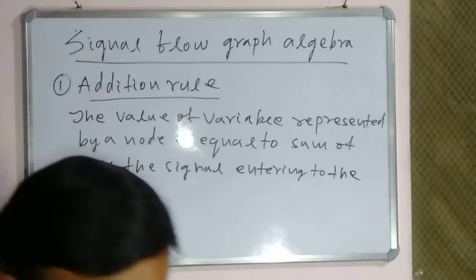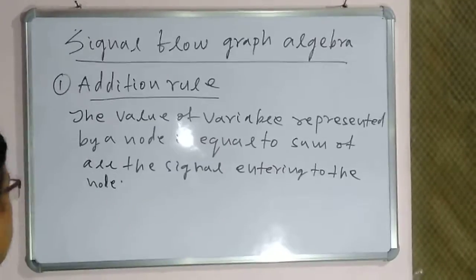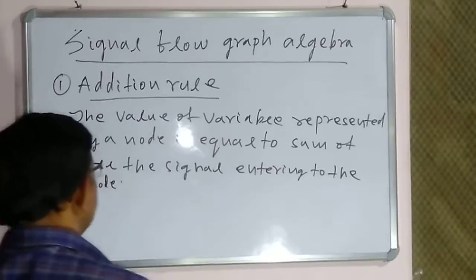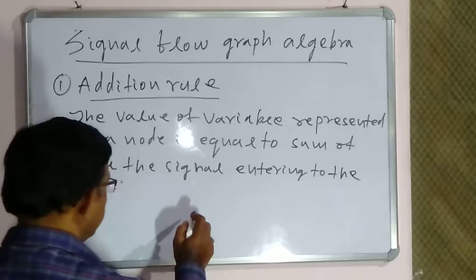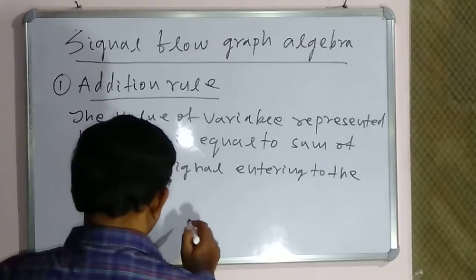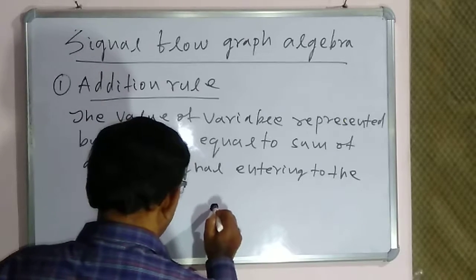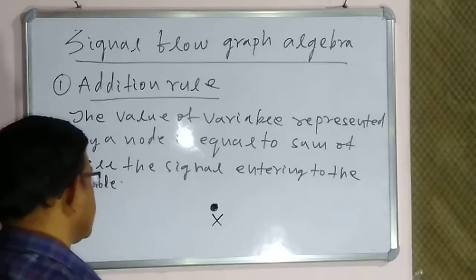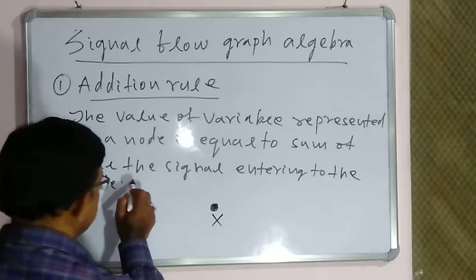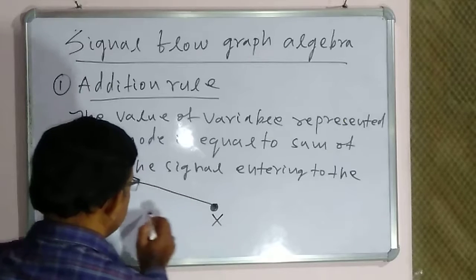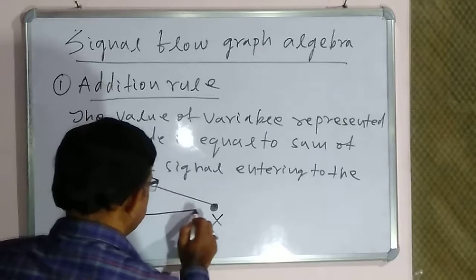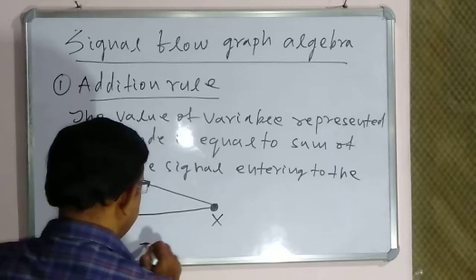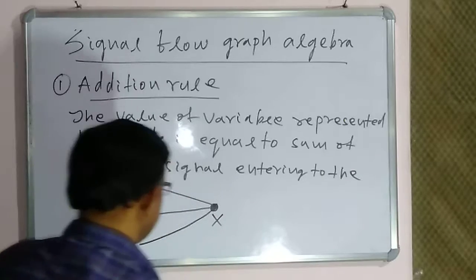So let us consider a node. This is one node. Let us assume that this is the node X and these are the branches entering to this node.